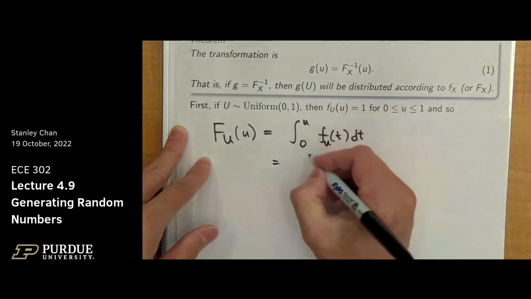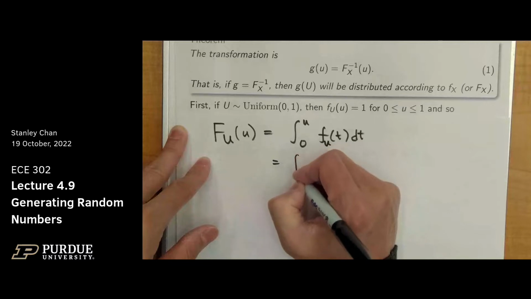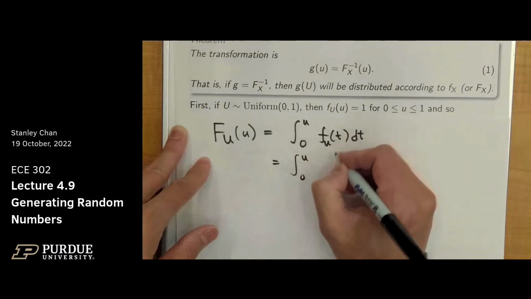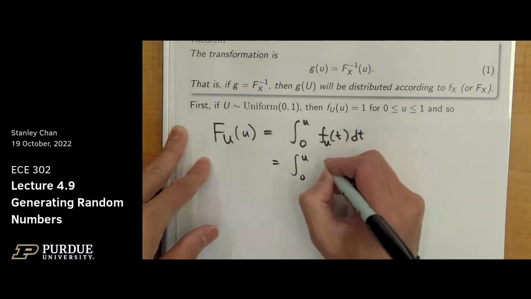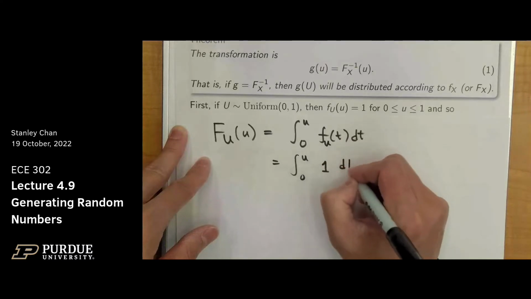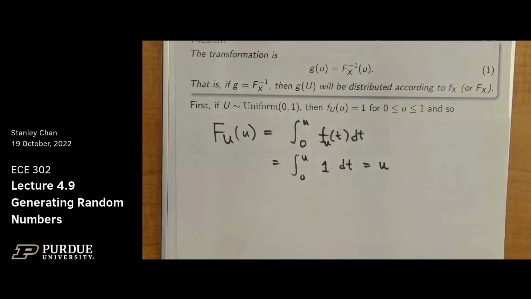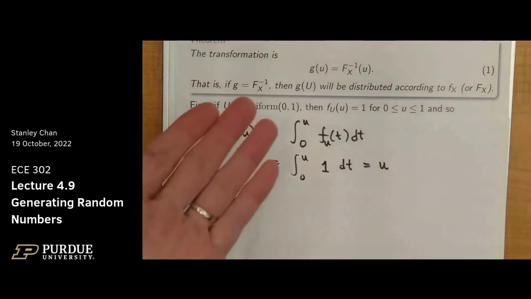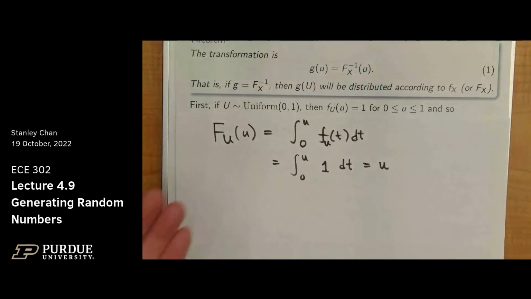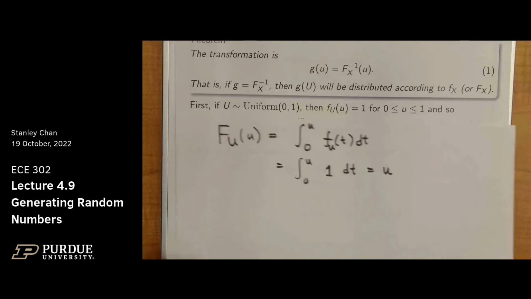So you're integrating from 0 to u of 1 dt, and that's going to give you u. So that's easy, right? You see that the uniform PDF is 1, and the uniform CDF is just u. Okay, so life is good here.